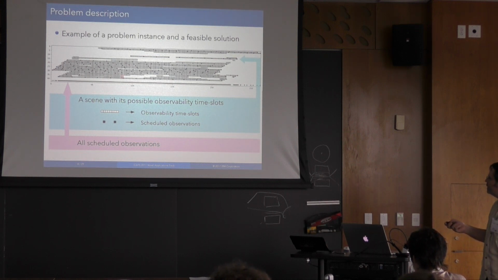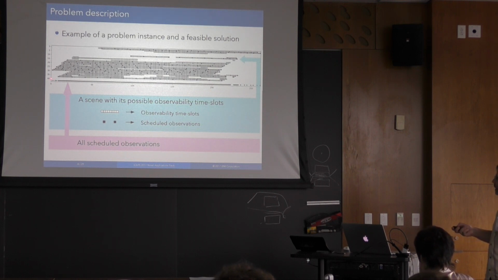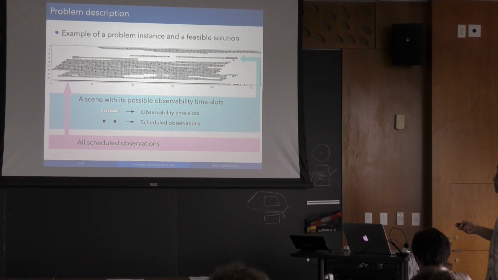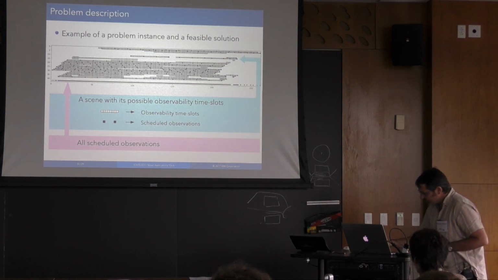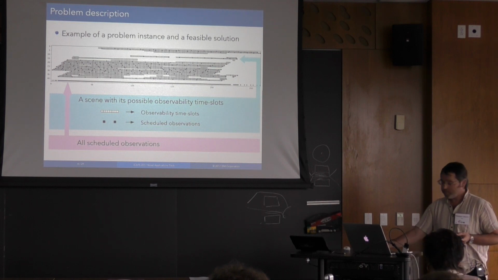The last line here is the activity of the instrument. You see that in the beginning it does some observations, but on this whole period it is completely busy doing some scene. The last line is just the union of the observed scenes. So these are the main constraints of the problem.